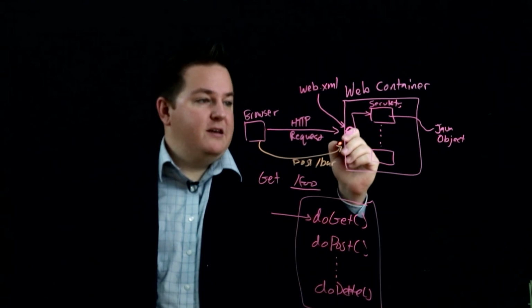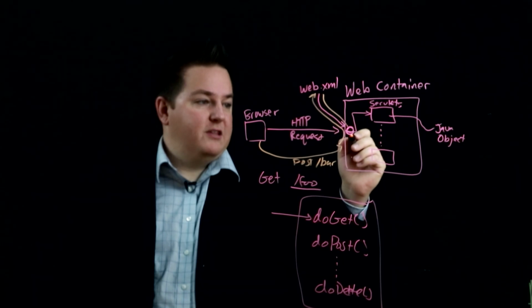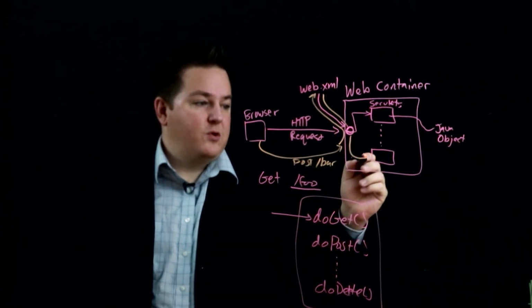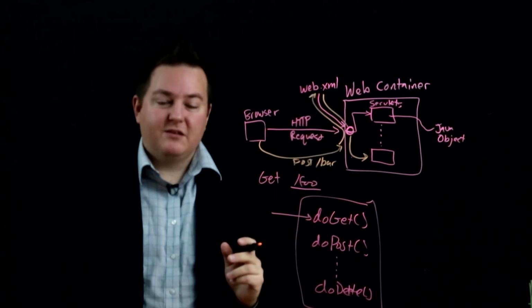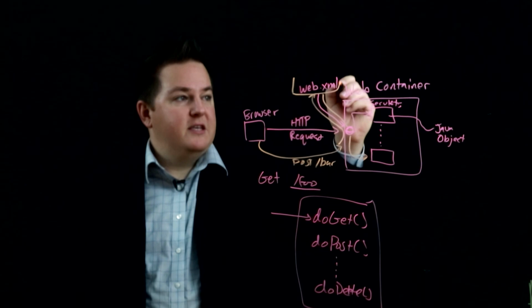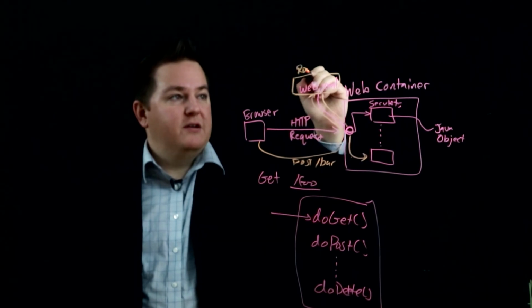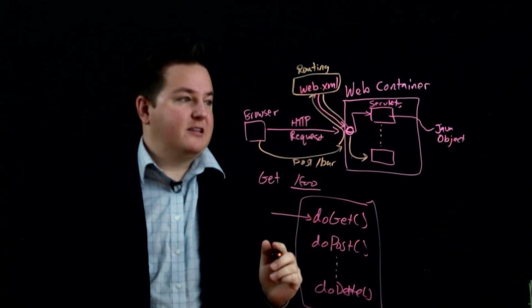It looks in the web.xml file, finds the servlet that it should go to, and then routes the request to the appropriate servlet based on what's specified in that web.xml file. So this is essentially the routing of requests. This is where routing is specified, in web.xml.